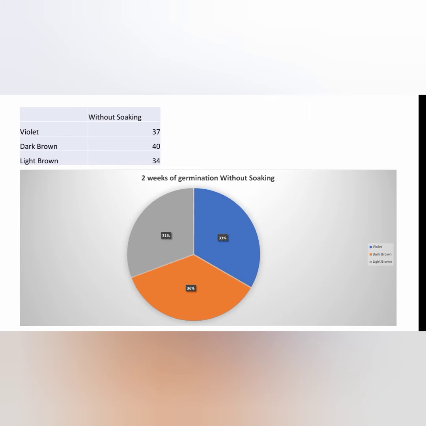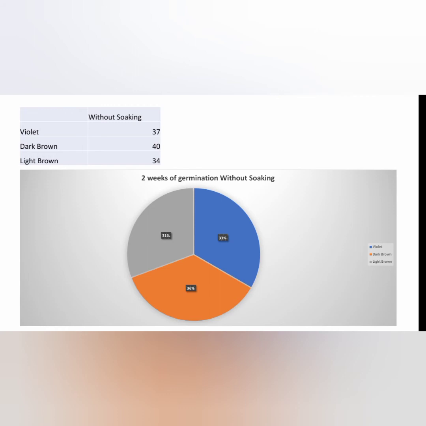This next image that you saw is the without soaking survival rate. The color violet is treatment 1, the dark brown is treatment 2, and the light brown is treatment 3.